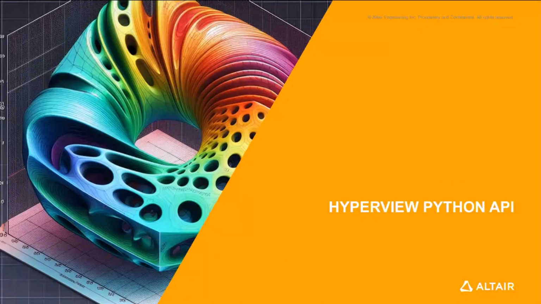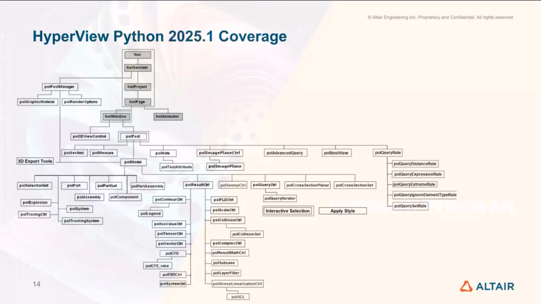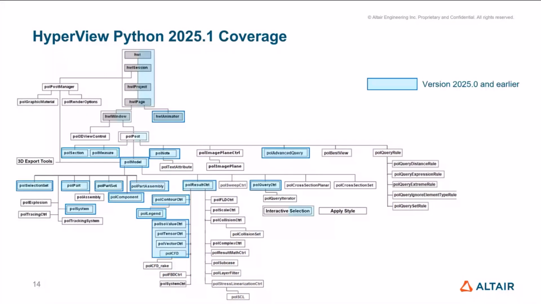Perfect. Thanks. My name is Stefan Eberhard, and I'll show you the news from the post side. Let's start with the HyperView Python API. In 2025, for HyperView, for the animation client, we covered the following classes already a lot. In 2025.1, we improved the 3D export tools here, also for HWC coverage.